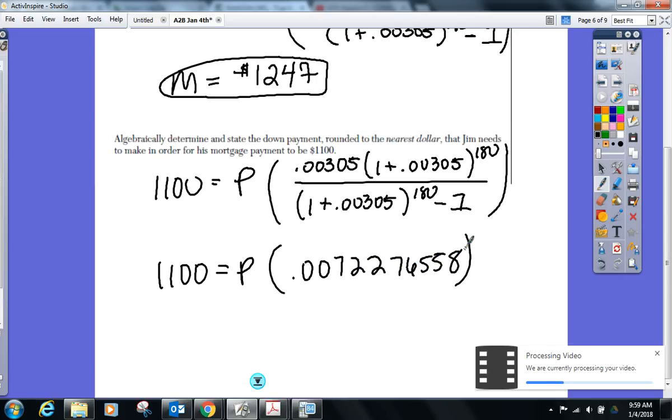So I'm getting underneath in the parenthesis. And then what are you guys doing on both sides to find the principal? Divide by.